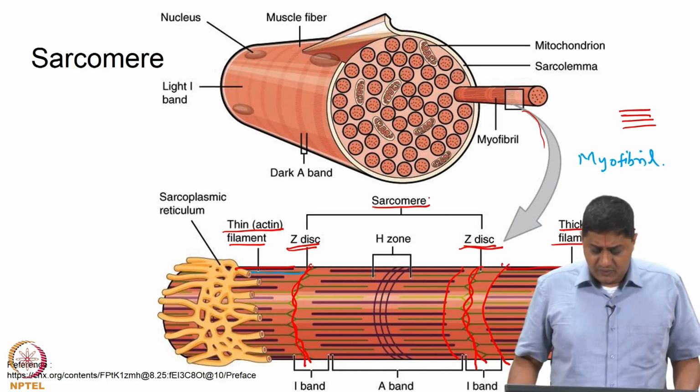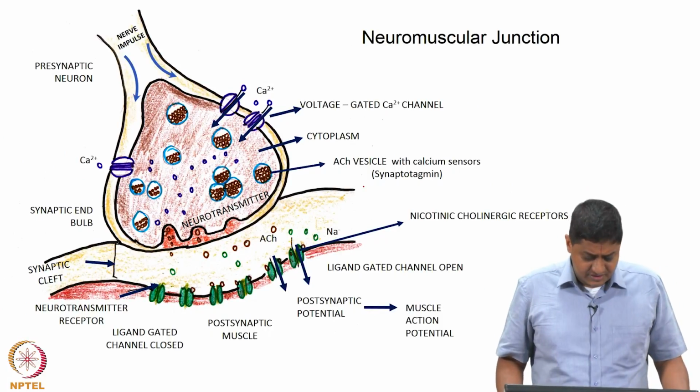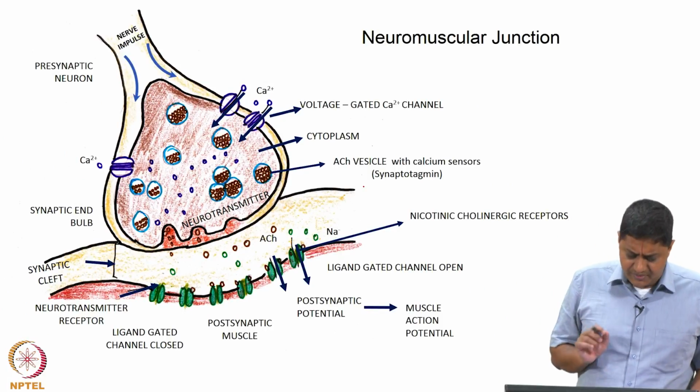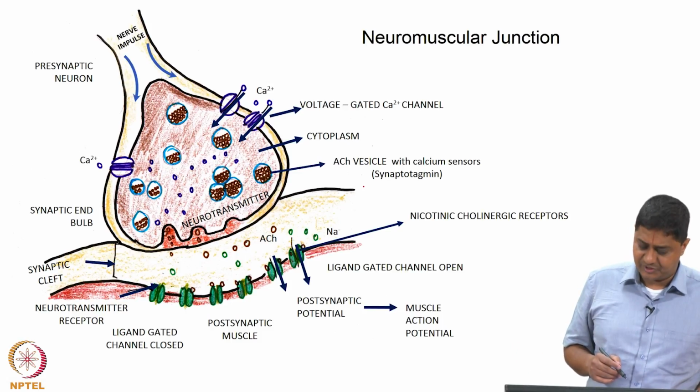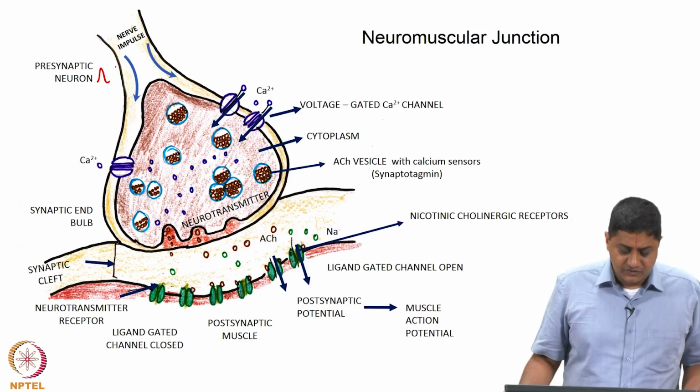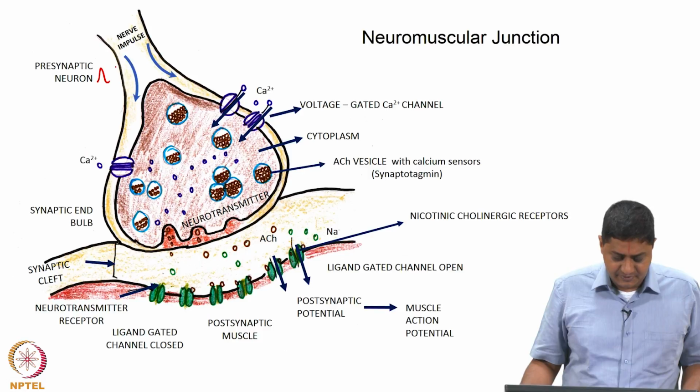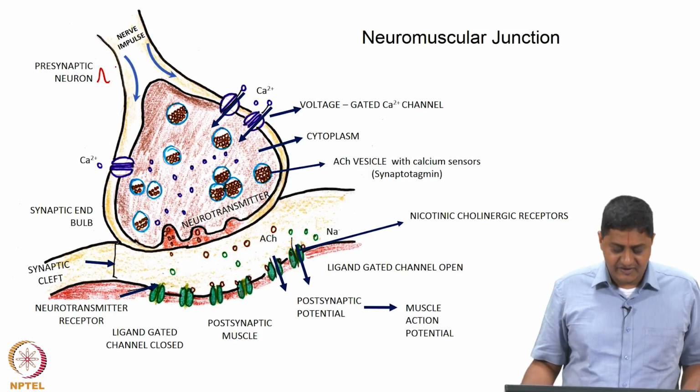Now, what happens at the neuromuscular junction? We will review this very briefly and continue our discussion back to the muscle fiber force production case. So, an action potential arriving at the synaptic end bulb of the presynaptic neuron opens voltage gated calcium channels that let in a lot of calcium.